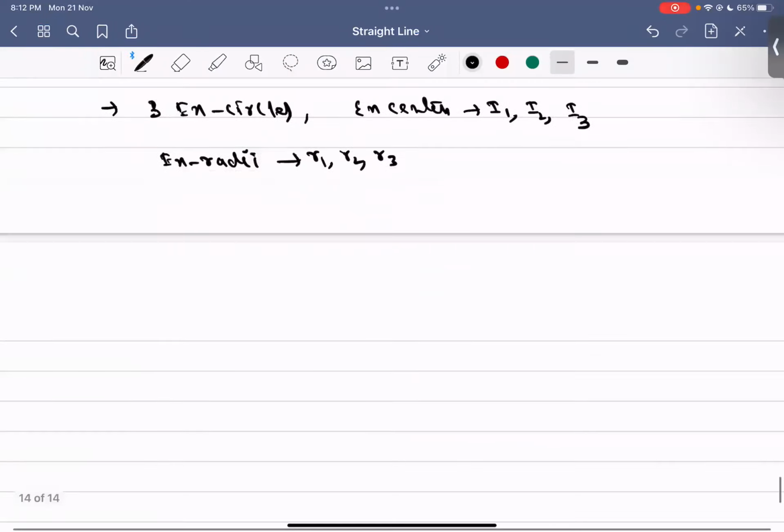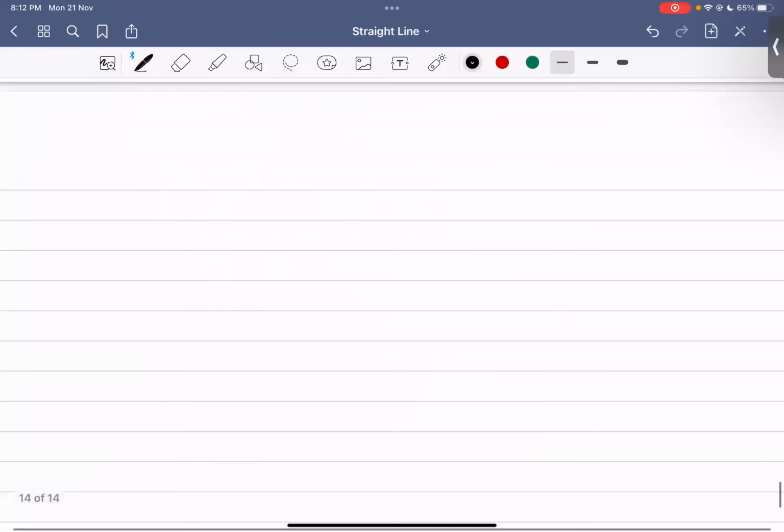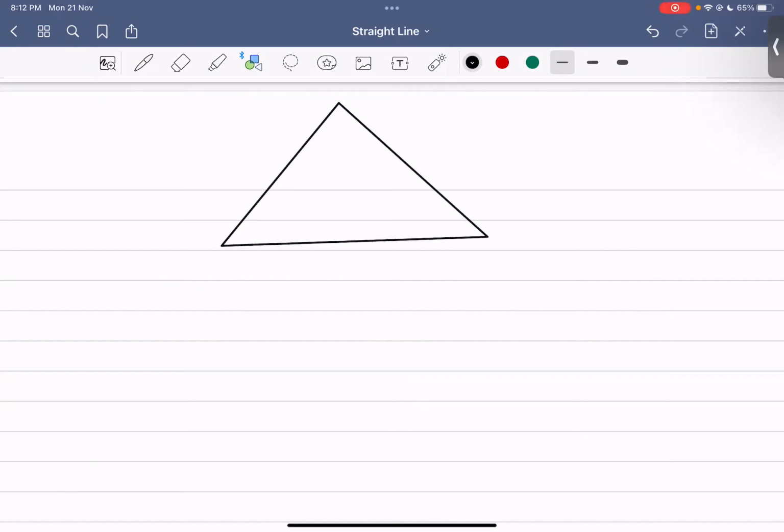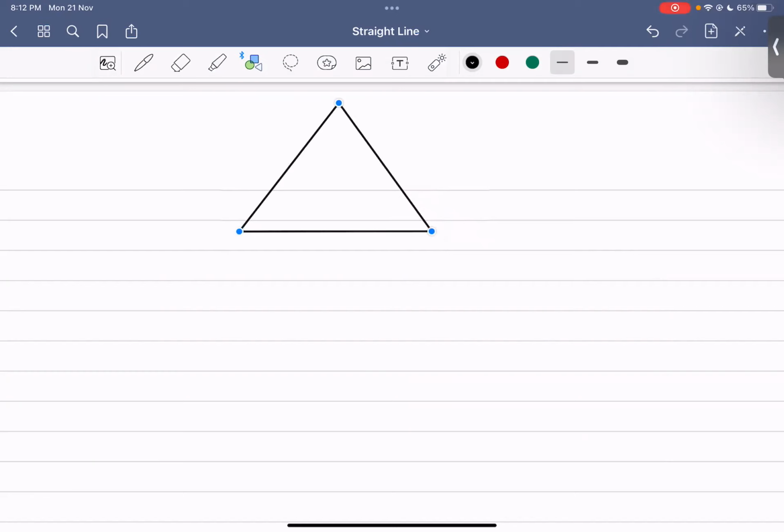Next, again I will draw the diagram. So this is the triangle ABC. I'll extend the sides.